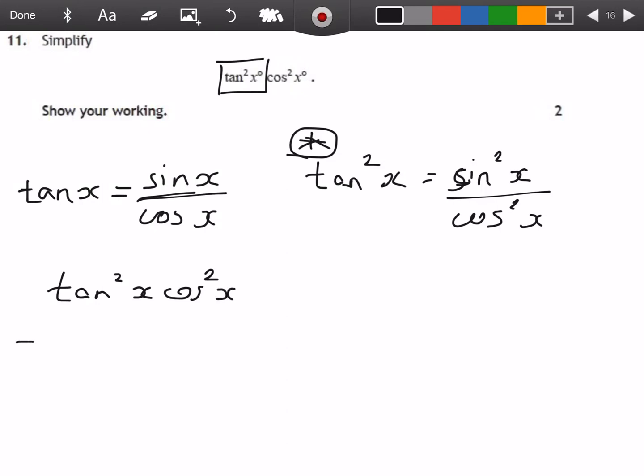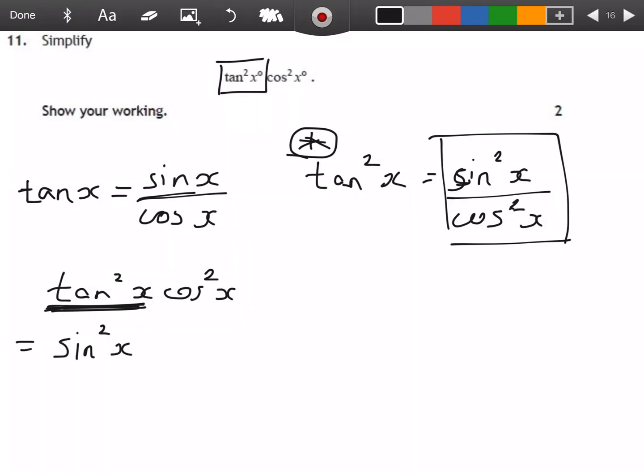So instead of tan squared x, this bit here, we're going to replace the tan squared x by sine squared over cos squared. Okay, so it's going to be sine squared x over cos squared x. And remember, beside it is cos squared x, which is multiplied by cos squared x. Now, there is something you should see that should cancel out. You've got a cos squared x divided by a cos squared x.